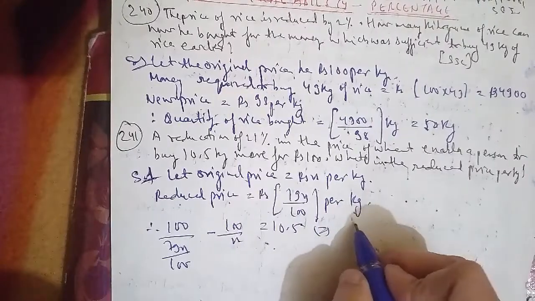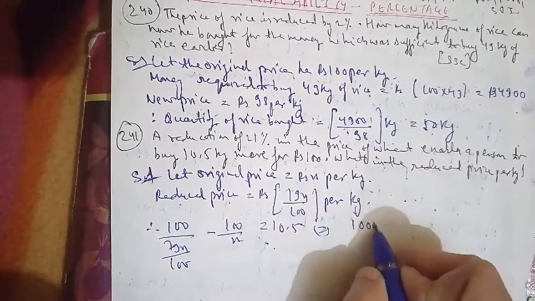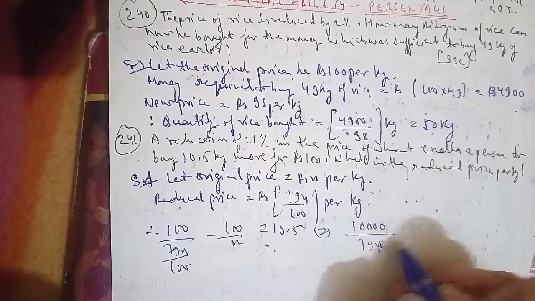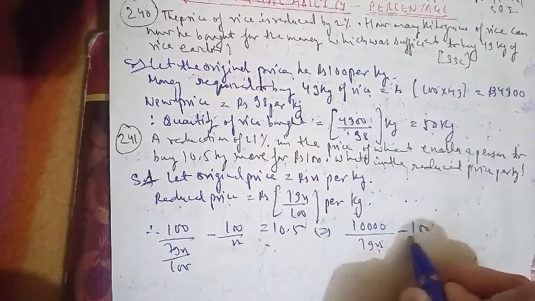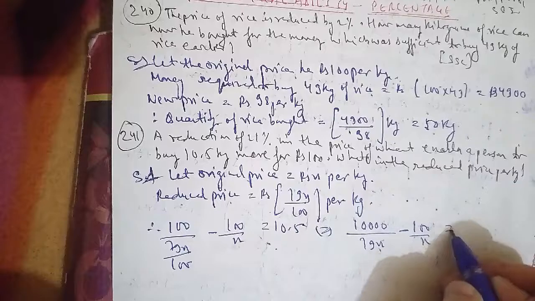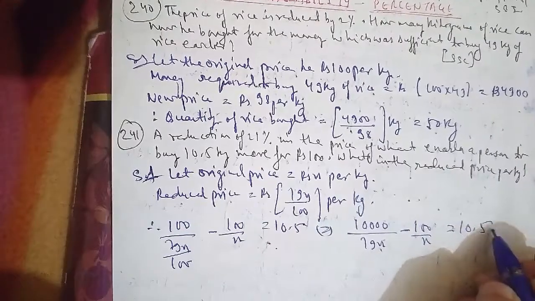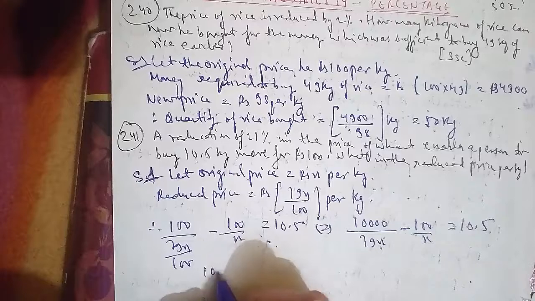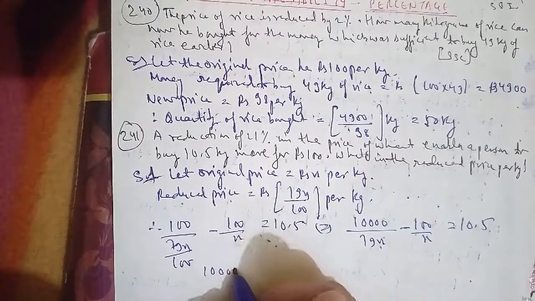So 10,000 minus 7,900 equals 10.5 into 79x, so x equals 2100 upon 10.5 into 79.